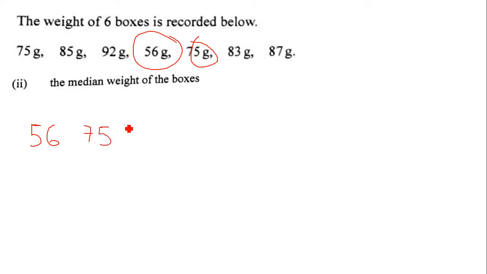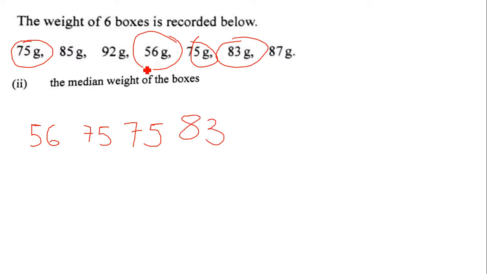You have to put 75 twice. Then we have 83, 85, 87, and then 92.